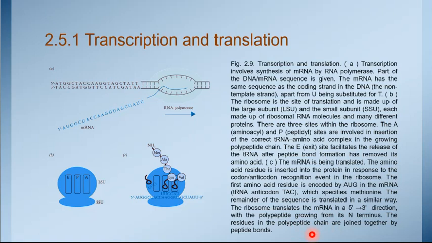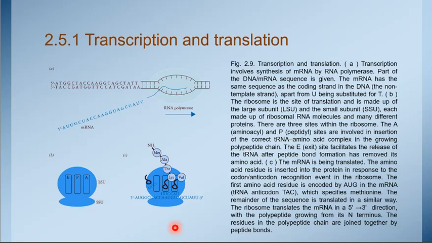Finally, the mRNA is being translated. The amino acid residue is inserted into the protein in the ribosome through the codon anticodon recognition event. So the first amino acid residue is encoded by AUG in the mRNA, or tRNA anticodon TAC, which specifies methionine.